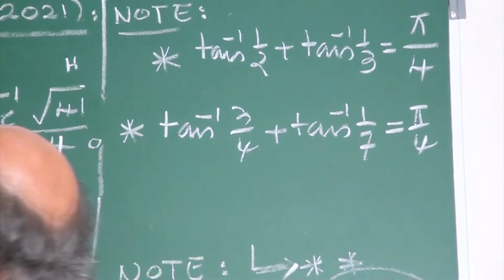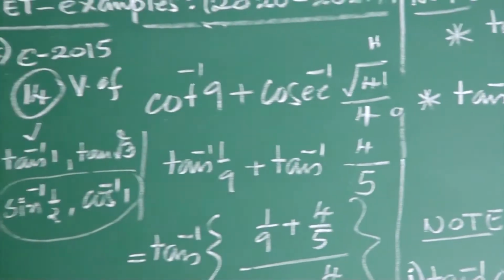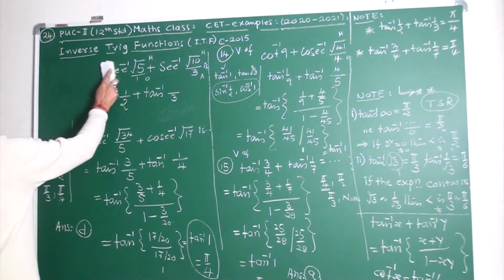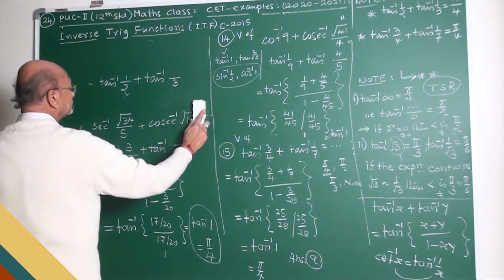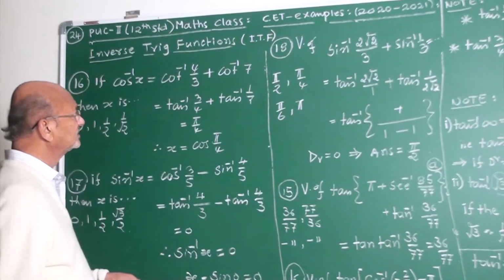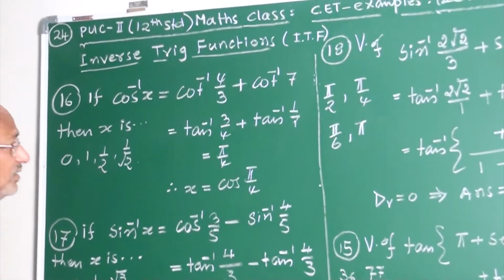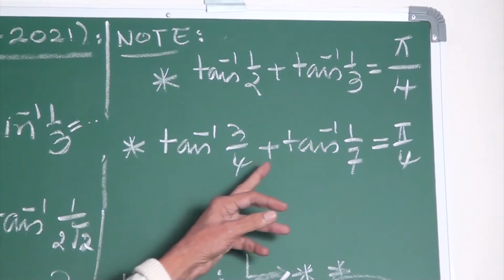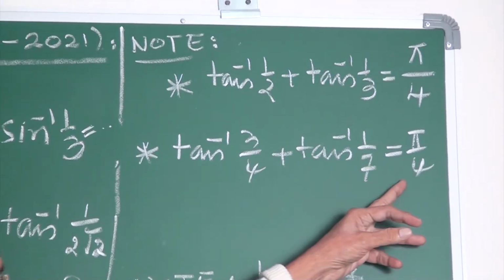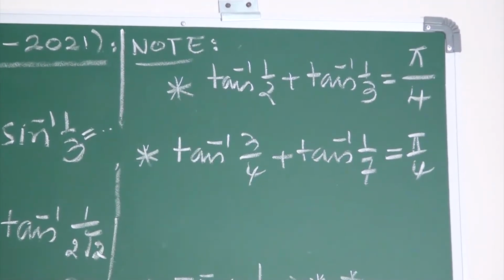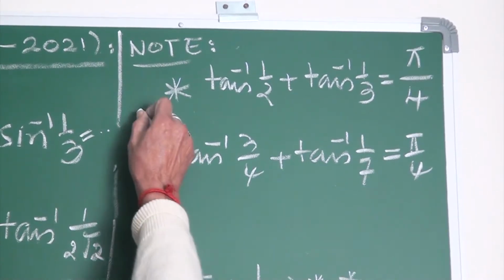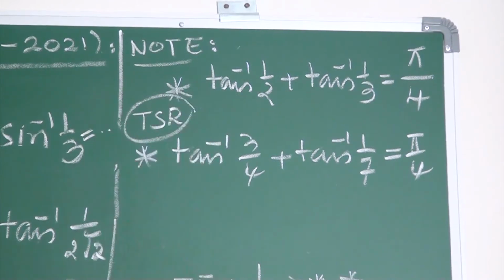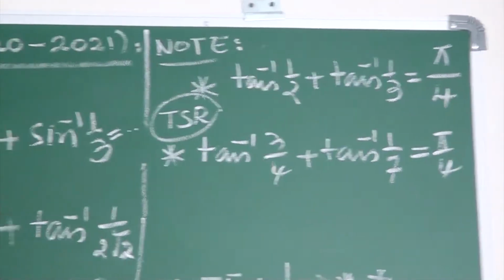See, now the next example, my friends, is this. I told we use this: tan inverse 3 by 4 plus tan inverse 1 by 7 equal to pi by 4. It also comes under what? Time saving result. Now these two are what? Time saving results. See here, this is the example.